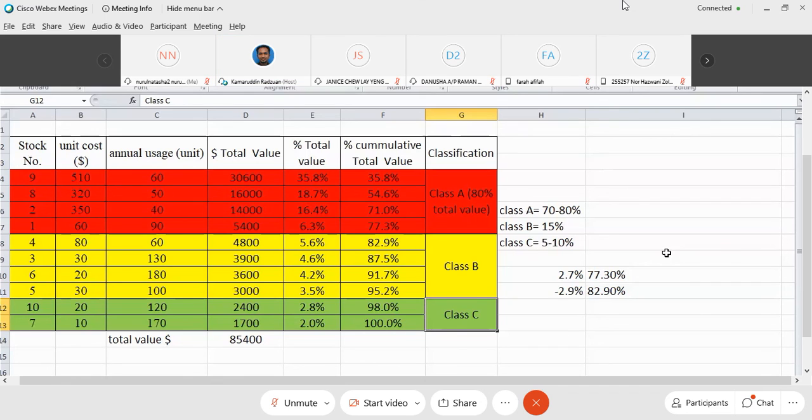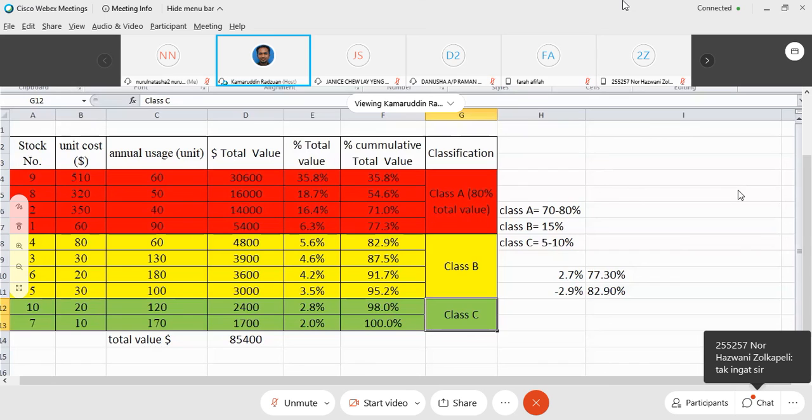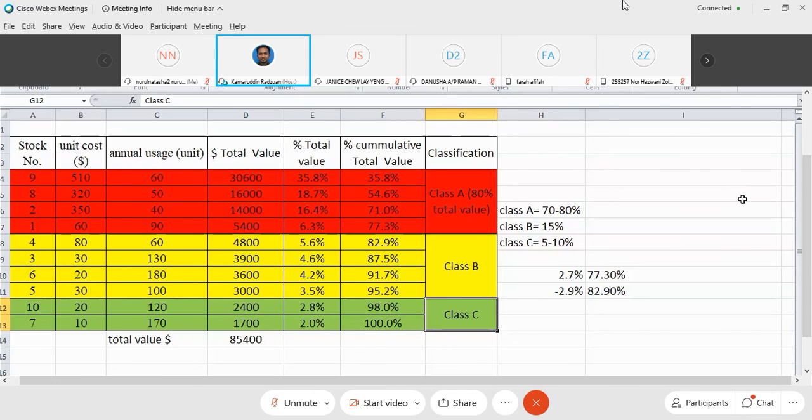Dah tak ingat dah model EOQ. Azwani? Ada ke tak ada ni Azwani ni? Tak ingat. Okey. Kita ingat semula lah. Kita sama-sama ingat semula.